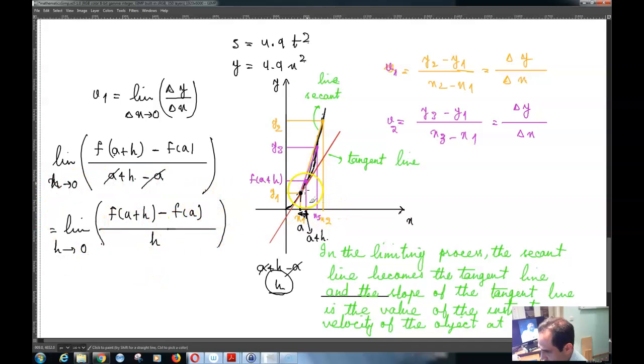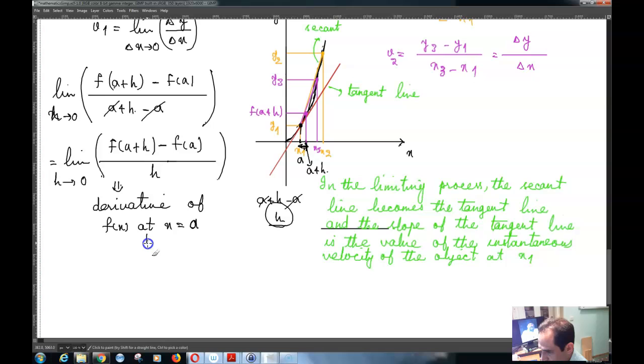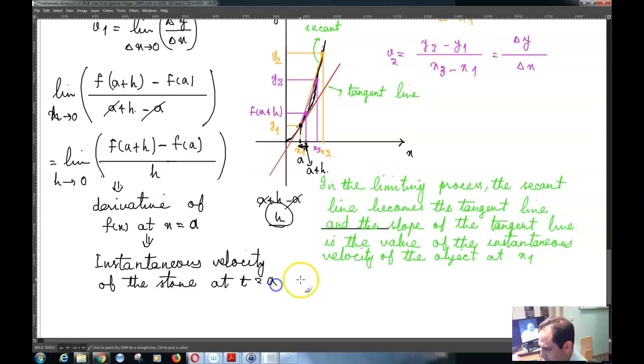And this whole thing is, of course, the derivative of f of x at x is equal to a, which, in the context of the example of that stone, is the instantaneous velocity of the stone at t is equal to a, or at x is equal to a, something like that.